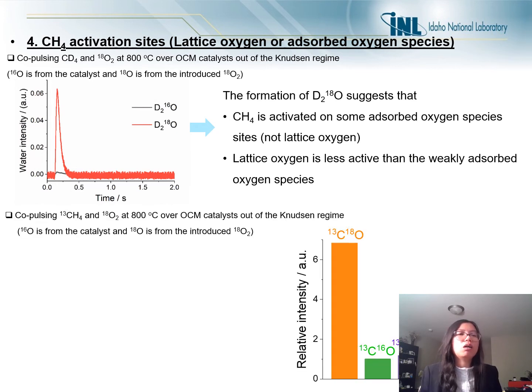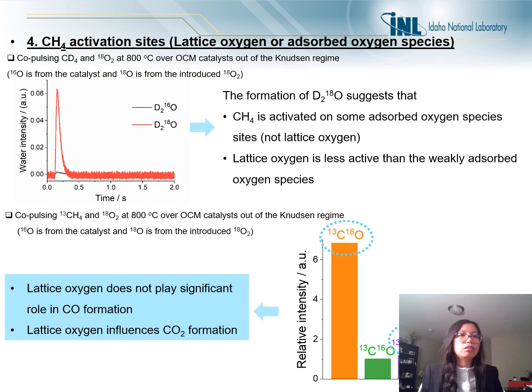The co-feeding of 13CH4 and 18O2 allows us to distinguish the type of oxygen for non-selective products like CO2 and CO. As you can see from the figure, 13C18O is the predominant product CO, and 13C16O2 is the major product of CO2.